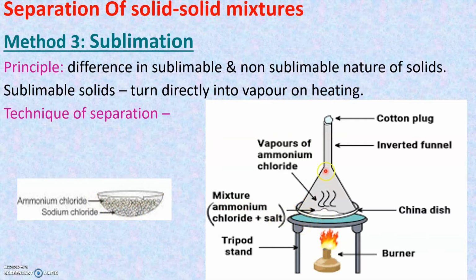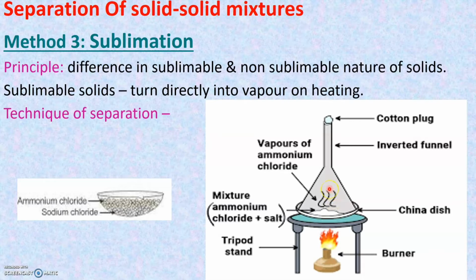Now, a funnel that is inverted on top of this evaporating dish is plugged with a cotton plug on its one end. As the evaporating dish is heated with the help of a burner, the sublimable solid that is present in this mixture will turn directly into a vapor on heating. As you see here, these are the vapors of the sublimable solid.